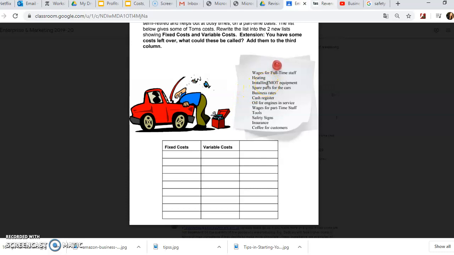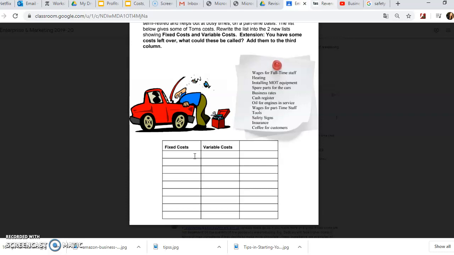Installing MOT equipment, I don't know if you are aware of what MOT stands for. MOT is a test that all UK road vehicles have to take after they're more than 3 years old, and they have to pass it each year to prove that they are safe to drive.